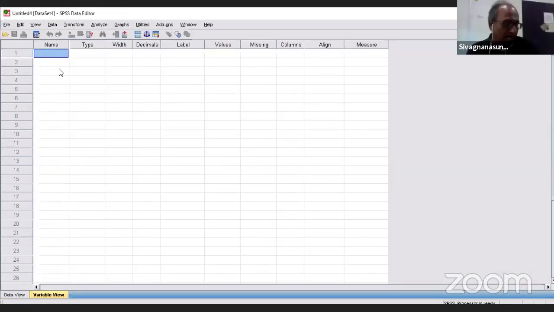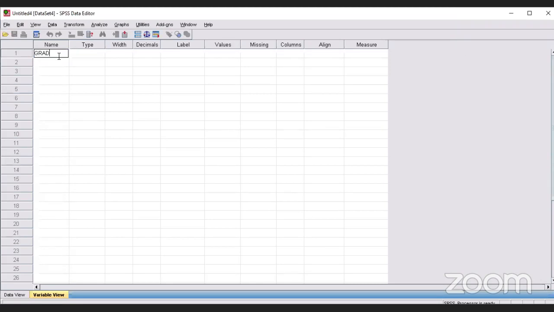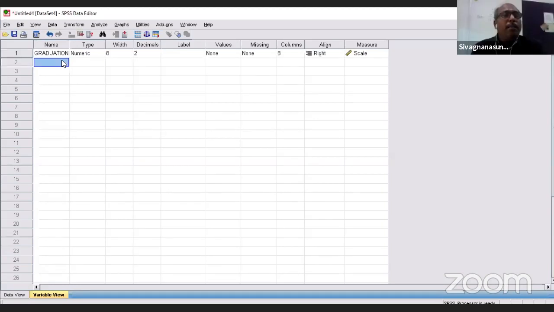The first variable I'm taking is whether someone is a graduate or not, so graduation. The second variable I'm taking is SES, or socioeconomic status, socio-eco underscore status.